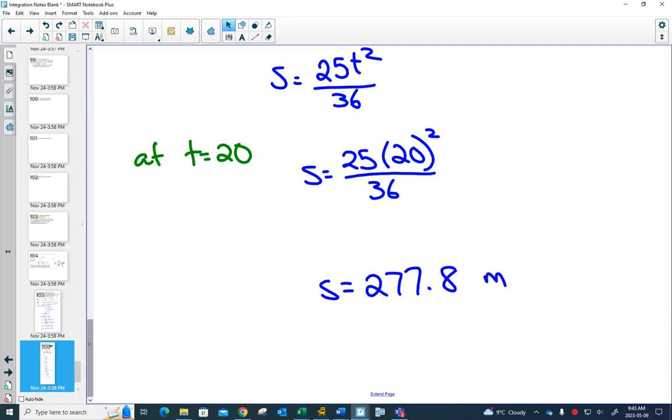If we had kept things in kilometers, we would have got 0.2777. So it's important to know what units you were using so you can write your final answer in those units as well.